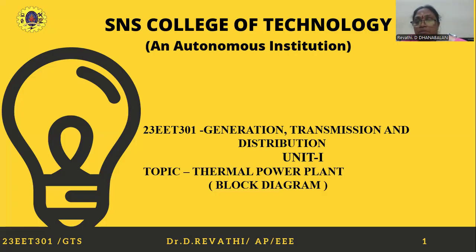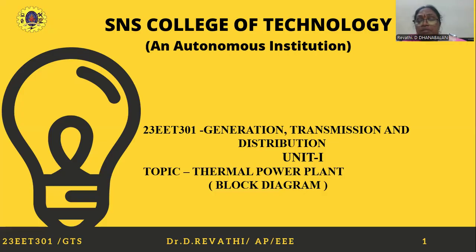We step down or step up through transformers, and it is classified into primary and secondary distribution areas, and likewise primary and secondary generation areas. I also showed the general diagram and the single line diagram in the last class. I think you all remember. So today we are going to see the diagram.